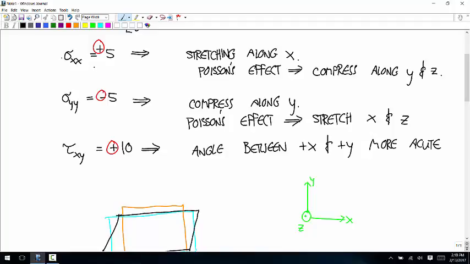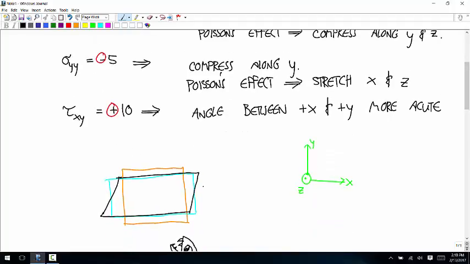I think it's a good exercise to just think through this kind of thing, to remind yourself what the physical meanings are of all this stuff. But the easiest way to do it is just choose some random values of Young's modulus and Poisson's ratio, calculate the strain, and then use the strain to tell you what the deformations are going to be.